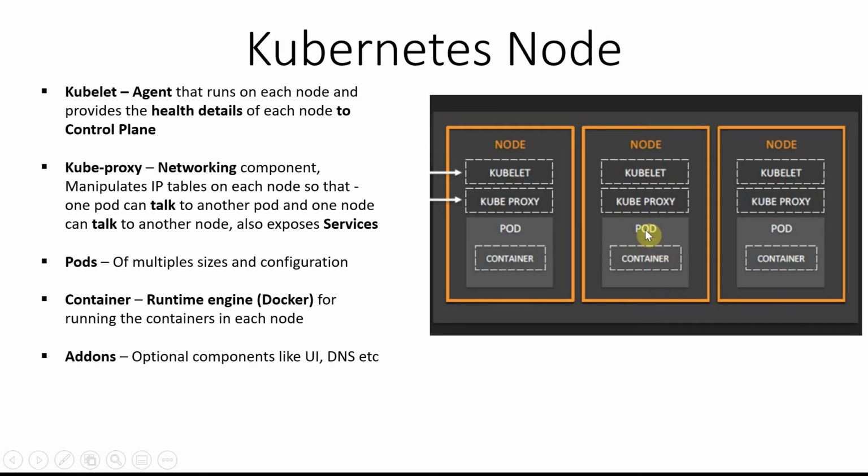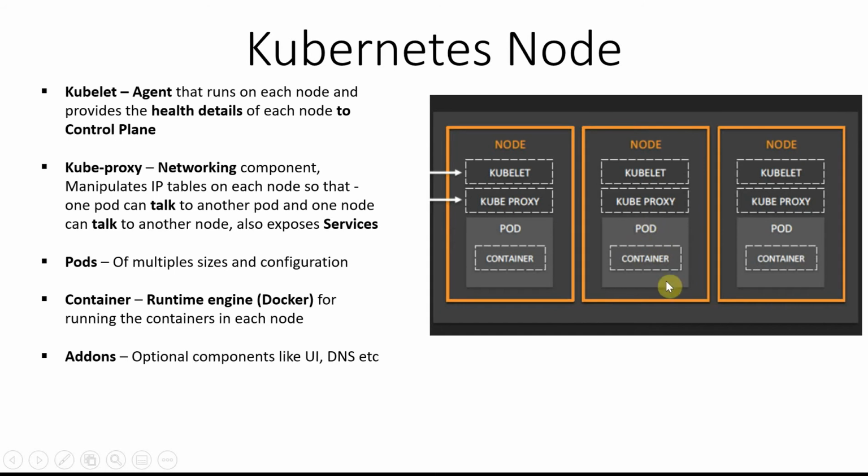From one VM, if you want to access another application deployed on another VM, instead of localhost you will use the IP address of the node: HTTP colon IP address of the node colon port, followed by the API service. In the same way, you will access the IP address of this pod and then invoke it.